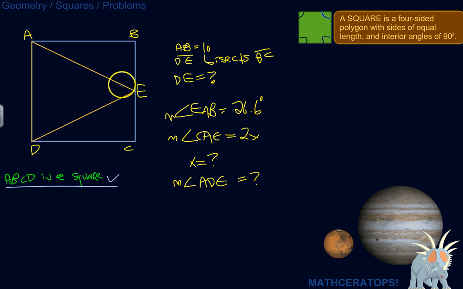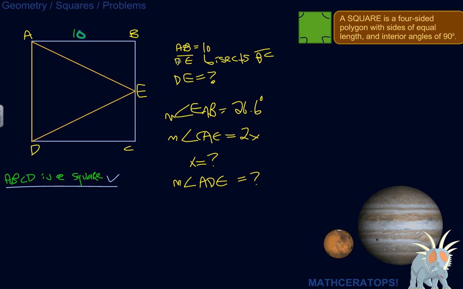So let's proceed and fill out this information and answer these questions that I've posed for us using the properties of squares. So AB is equal to 10. Let's draw that on there. 10 what? I don't know. We'll say 10 kilometers, but I'm not going to write the units. AB is 10.